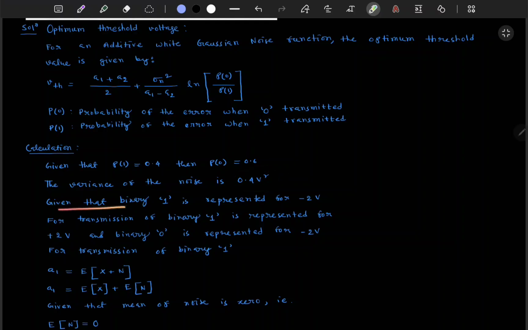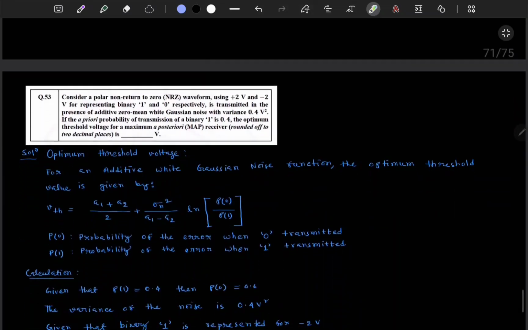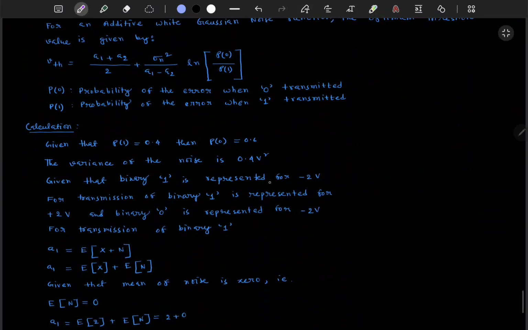Okay, sorry, one correction here. Binary 0 is represented by minus 2 volt, and binary 1 is represented by plus 2 volt.